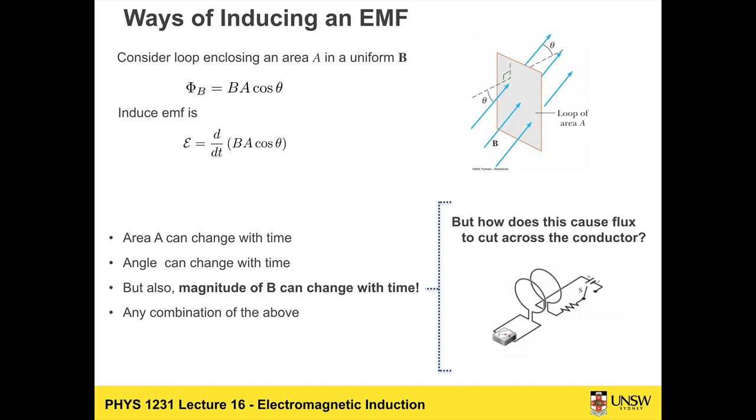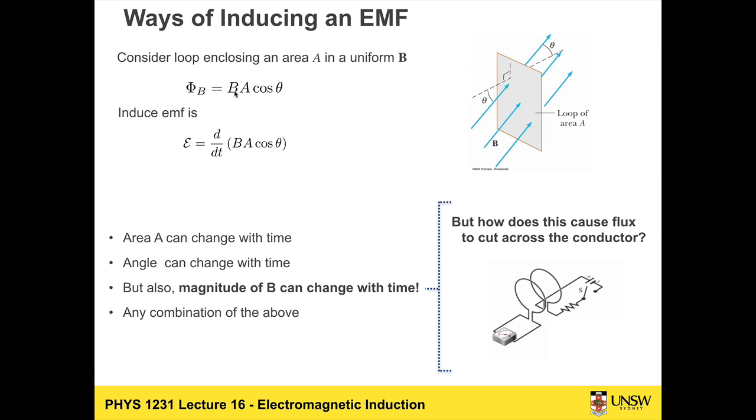And in 1B, we looked at a couple of different ways of inducing electromotive force. If we consider this loop, let's make it a square loop for simplicity. The flux in this case, if the magnetic field makes some angle with this surface, then it's very easy to calculate the flux.